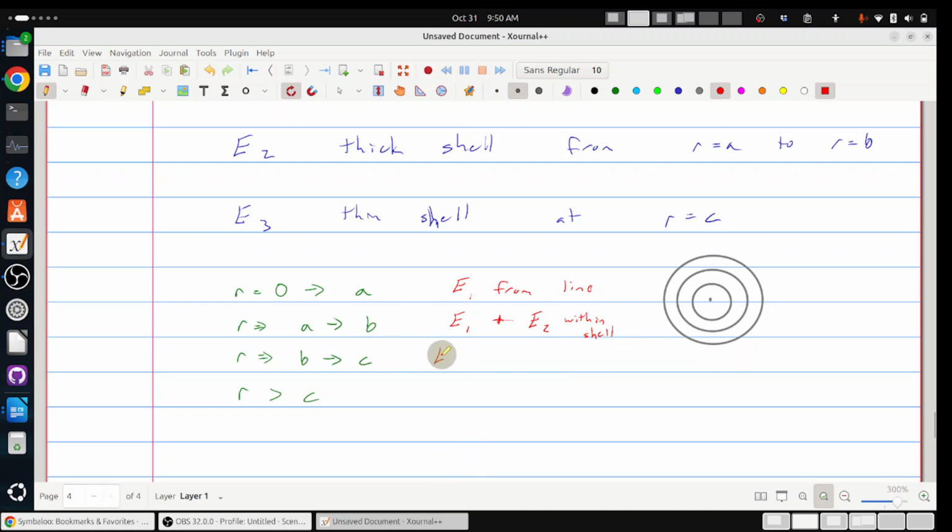In this range, I'm going to have my E1 equation plus my E2 outside equation. And here, I'm going to have E1 plus E2 outside plus E3 outside.